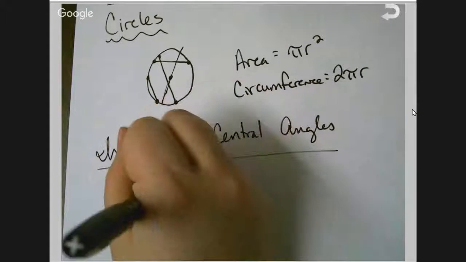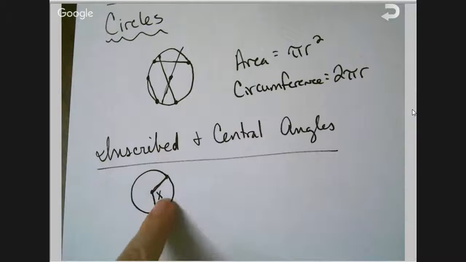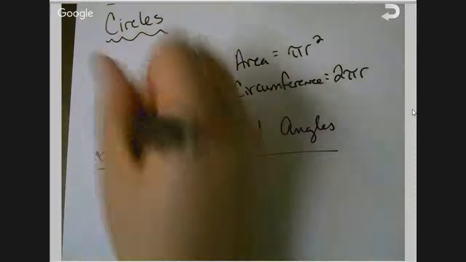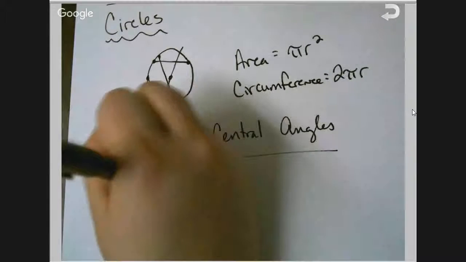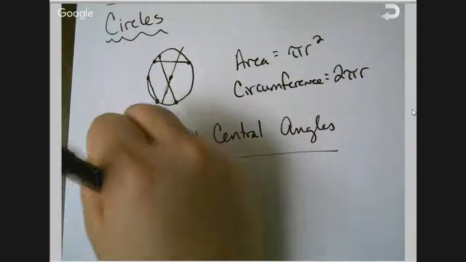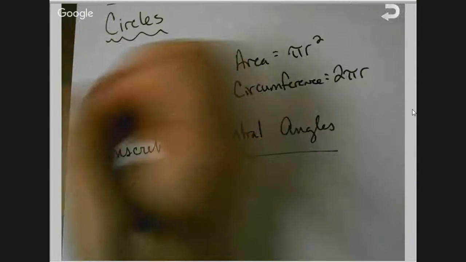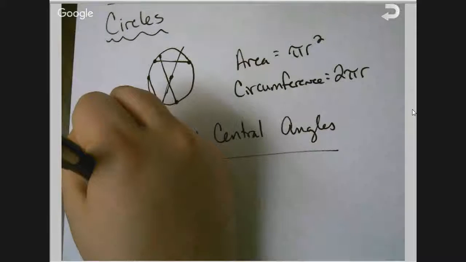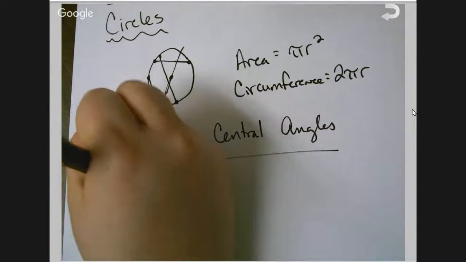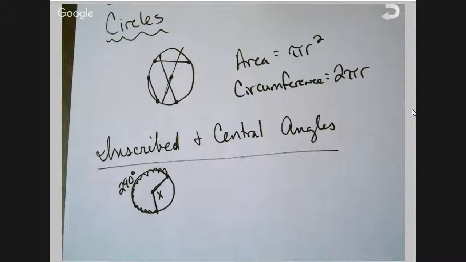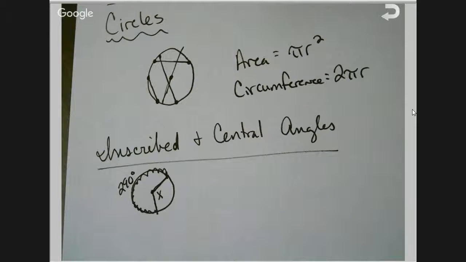If I told you that this outside arc was 290 degrees, can you tell me how I'd find x?